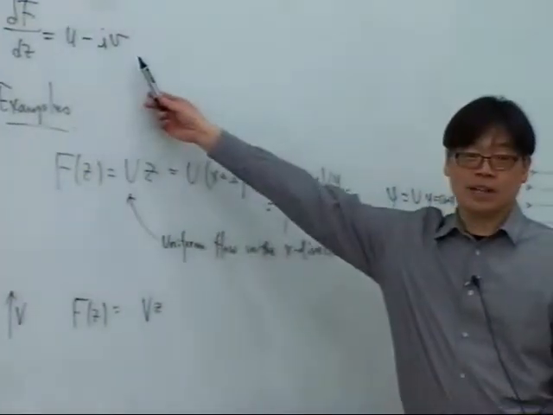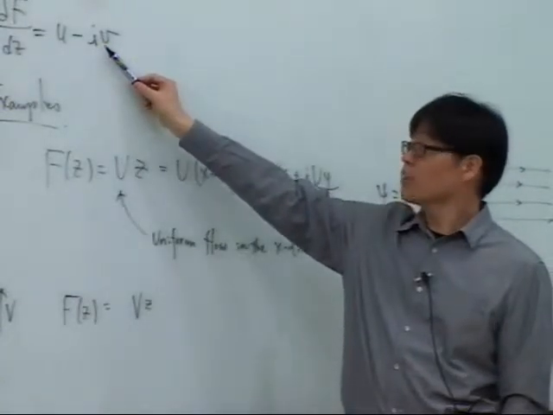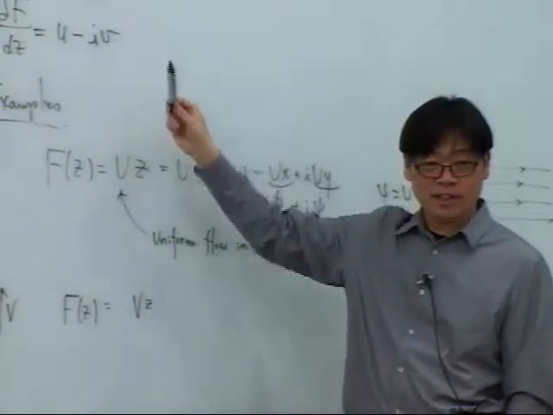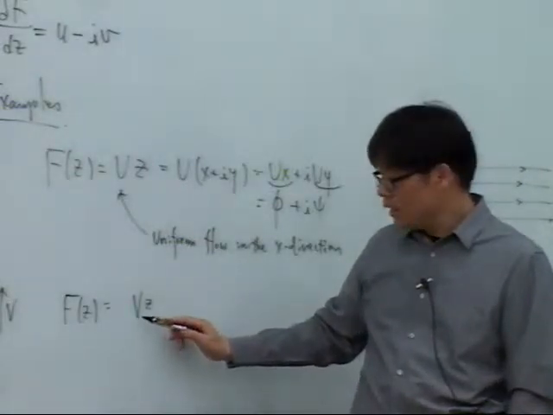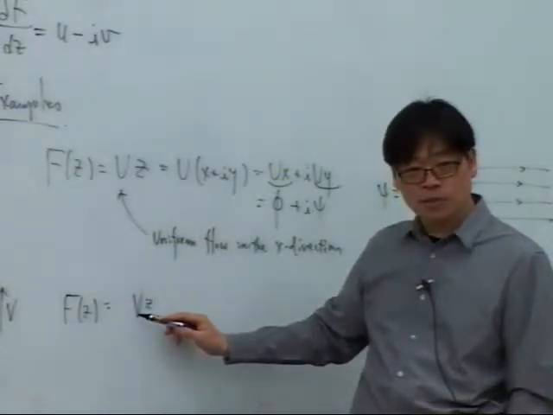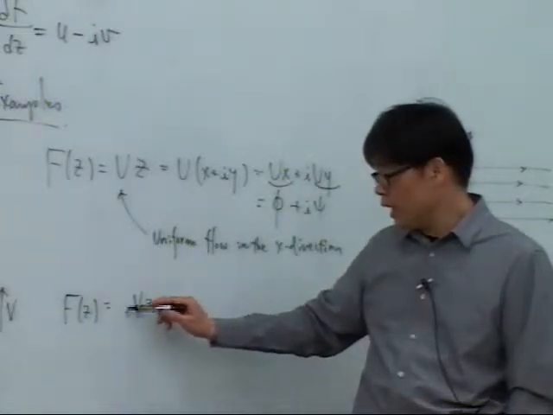I want something purely imaginary, so when I take a z derivative, I'll get a constant, and that constant has to be imaginary. So I have to put i.